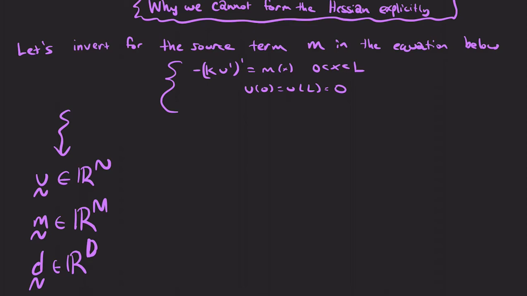And so the forward problem can be rewritten as Au equals Dm, and this D here is basically how you map m into the higher dimension.